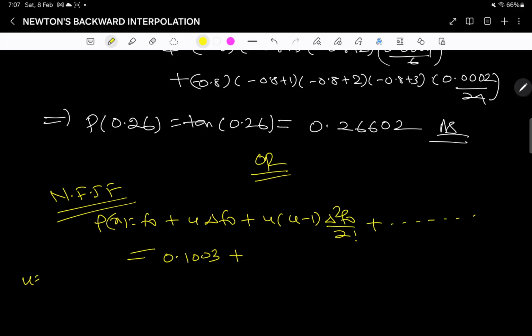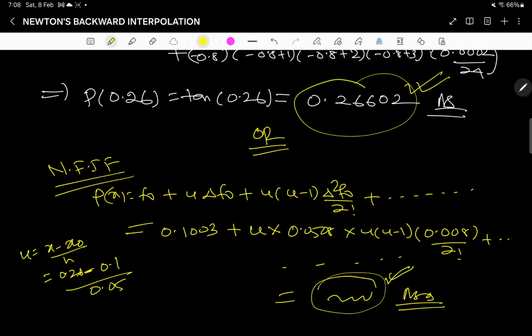Here u will be x minus x0 by h. So x is 0.26 minus x0, which is 0.1, divided by 0.05. So accordingly this is my u. Then I apply the formula u del f0, u into u minus 1 del square f0, and if I simplify, I get the answer.